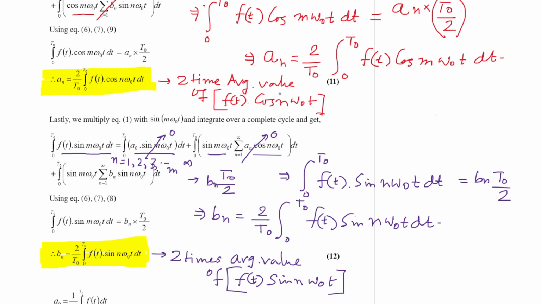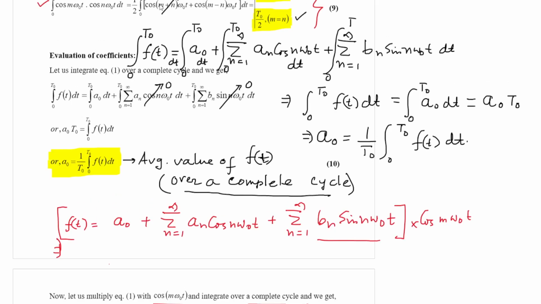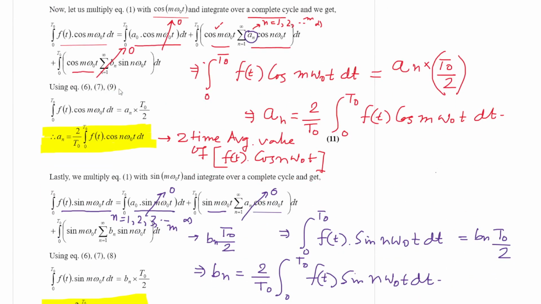So we have evaluated a0, an and bn. First, a0 is the average value of f(t) that we have evaluated. Then we evaluated an, which is 2 times the average value of f(t) into the cosine term.